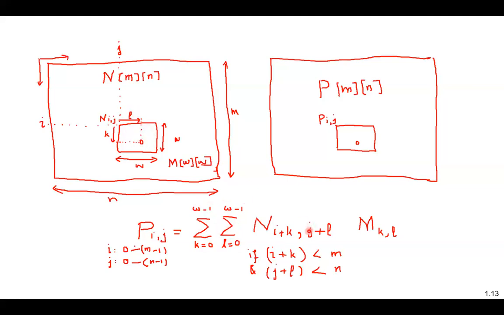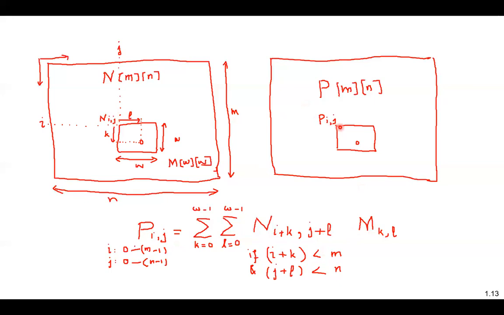I will carry out this calculation and it will give me one value here, Pij. Once I compute this result, I get Pij. One Pij is calculated when I put the mask at Nij and carry out this calculation. Here is my result. Okay.